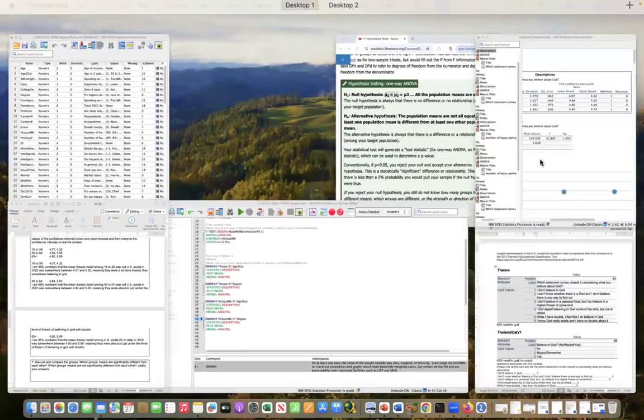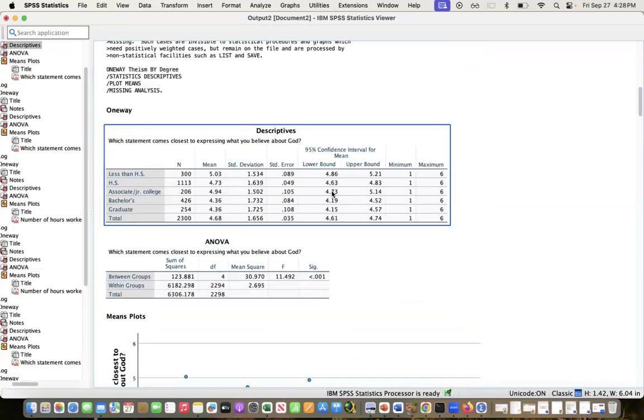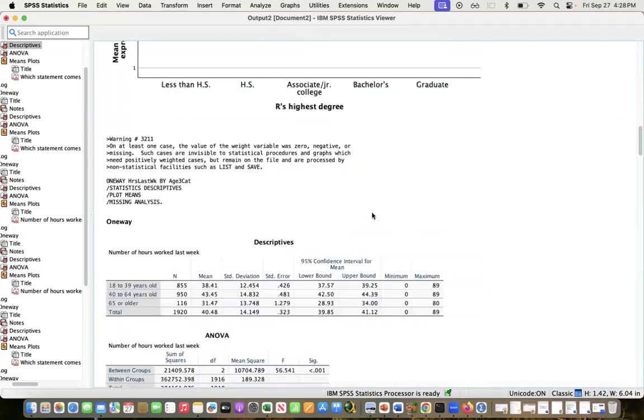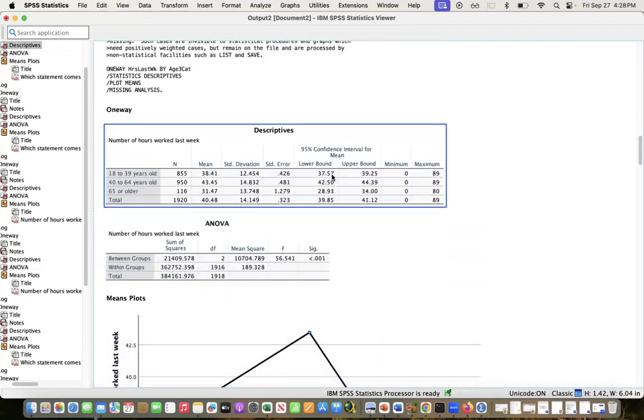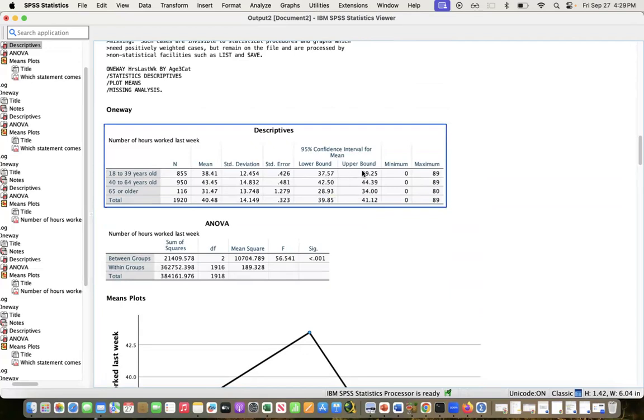Okay. If I were to look at another one, again, I'm looking at each of these and interpreting them. But let's look at the hours one. So here, I'm 95% confident that in 2022, US adults aged 18 to 39, if asked the number of hours they worked the last week, would answer an average that would be somewhere between 37.6 hours and 39.3 hours, right?